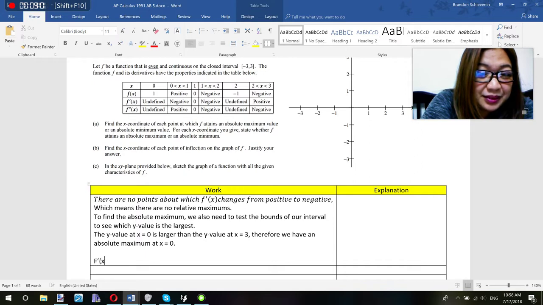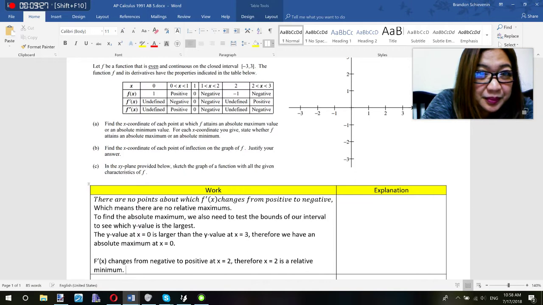So f prime of x changes from negative to positive at x equals what? At x equals 2. Therefore, x equals 2 is a relative minimum.